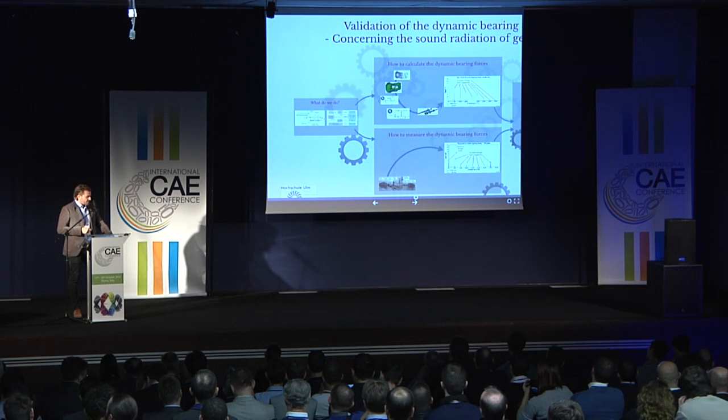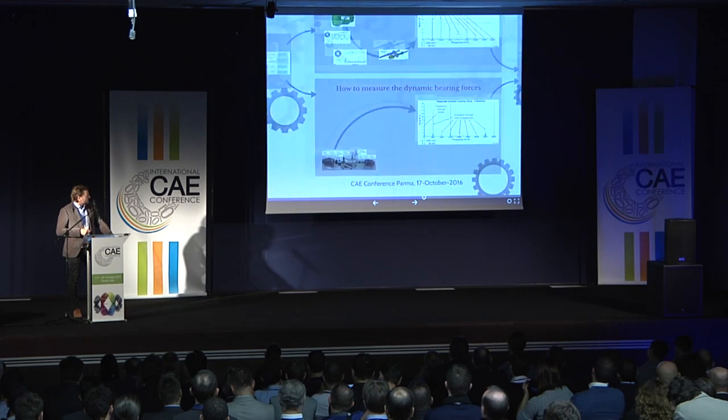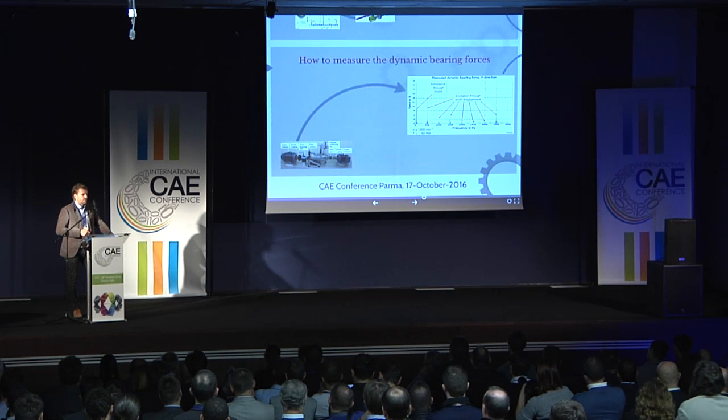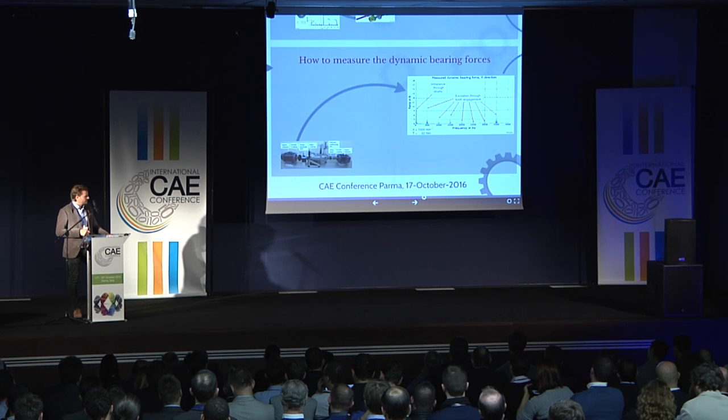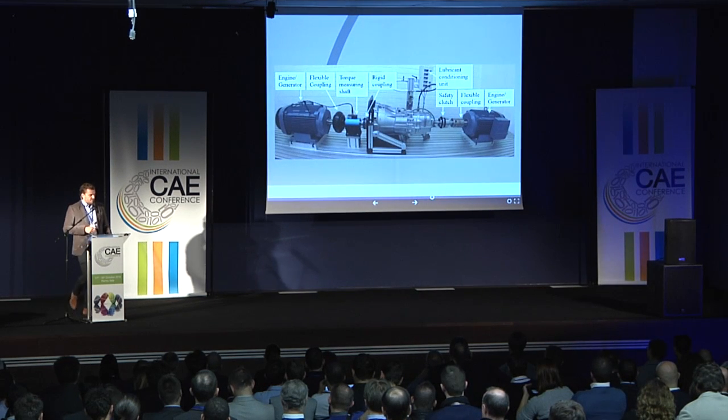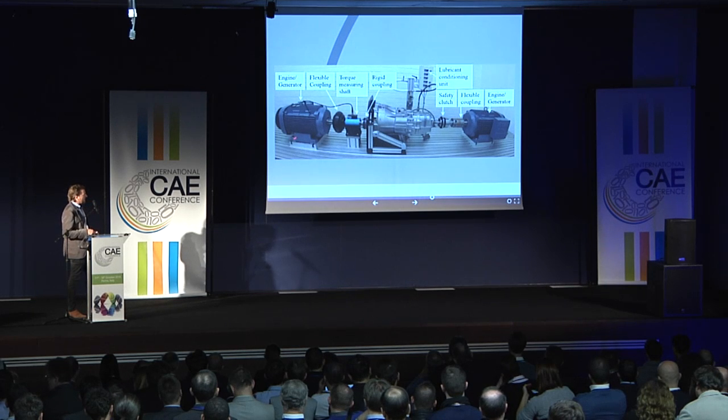But you know, every simulation is only as good as reality. So how do we measure dynamic bearing forces? We started setting up a gearbox test bench. This gearbox test bench basically consists of 2 electric engines, 40 kilowatts of power maybe.